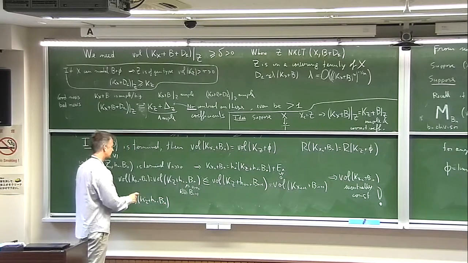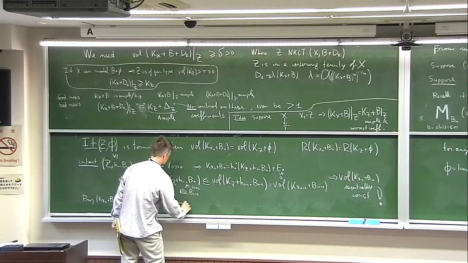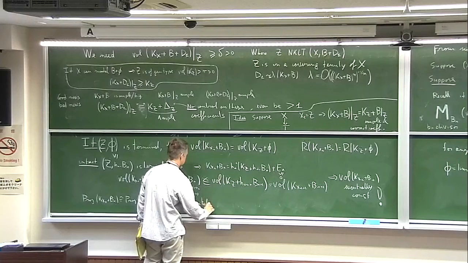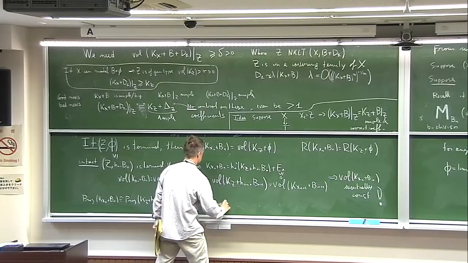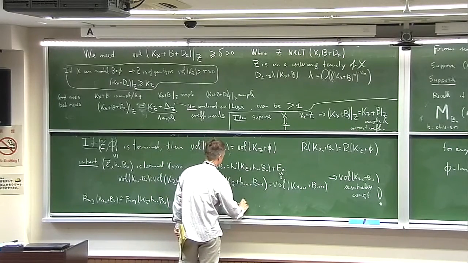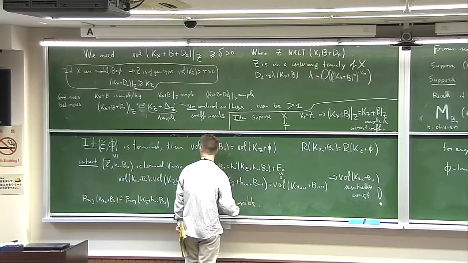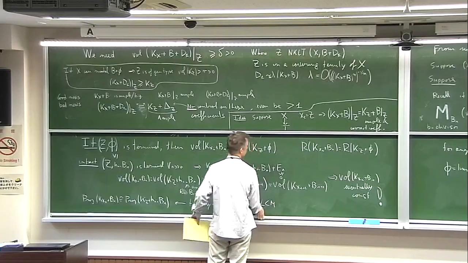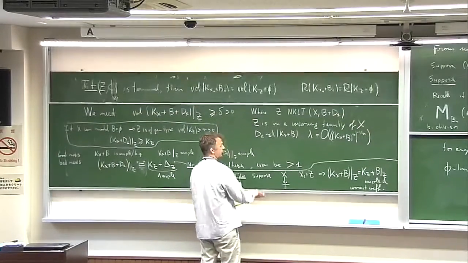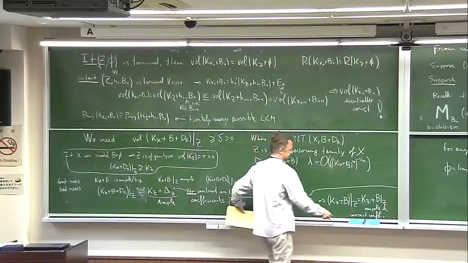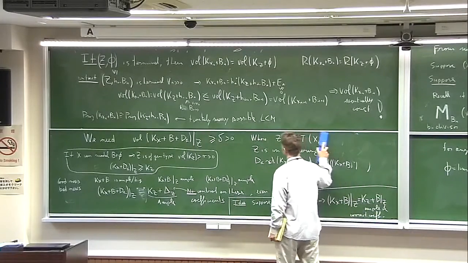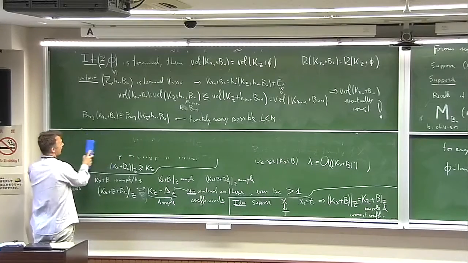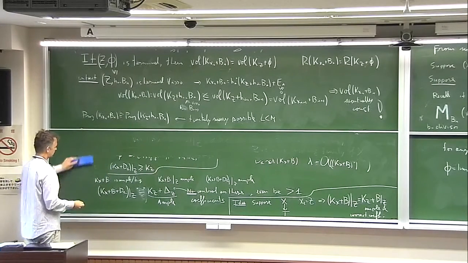And I claim that we have finitely many possible of these log canonical models. Let me at least write down the general theorem that guarantees this. This would be telling me that at least for that one fixed fiber, I have finitely many possible log canonical models.